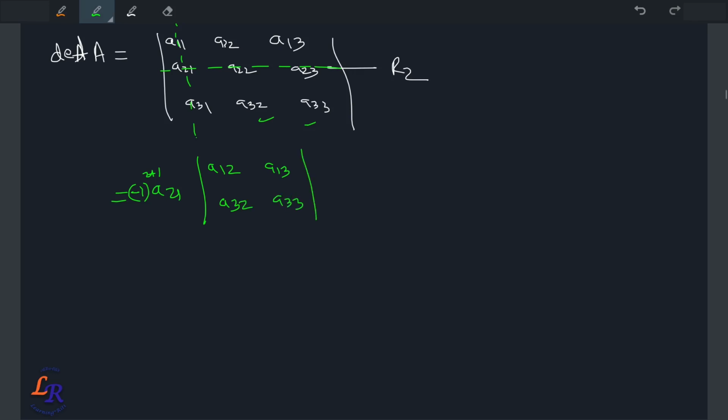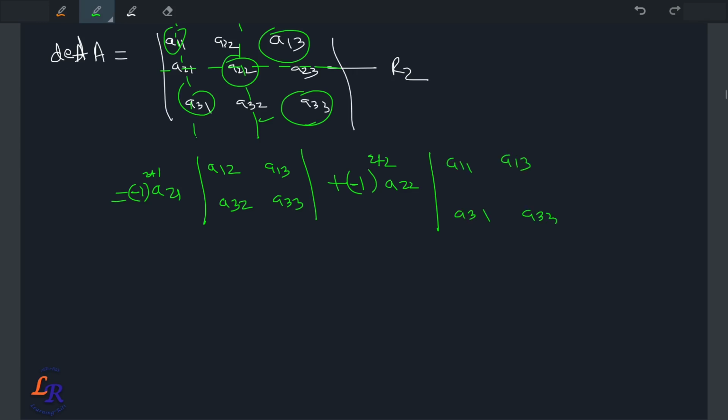Similarly, you do for the other elements of this row. So it will become minus 1 to the power i plus j, which is 2 plus 2, and you write A22 and the remaining elements, right? Now you leave this row and this column, so you will be left with A11, A13, A31, A33, right?